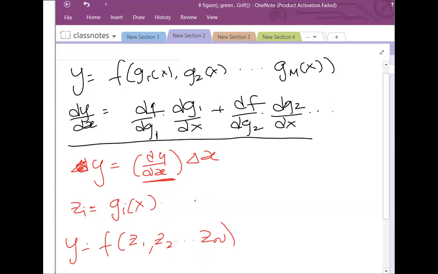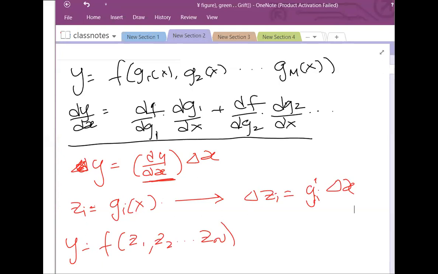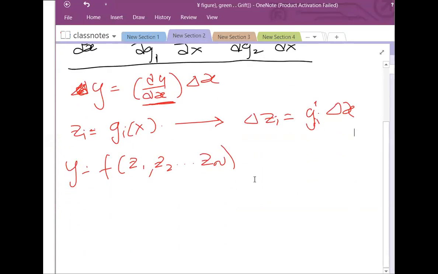Now, if zi equals gi of x, then what is delta zi? Anyone? What is delta zi? gi prime times delta x. And for the lower guy, we've already shown this, right?